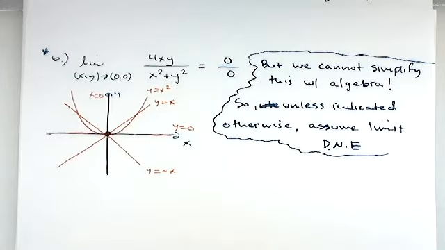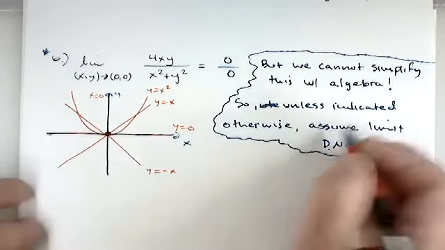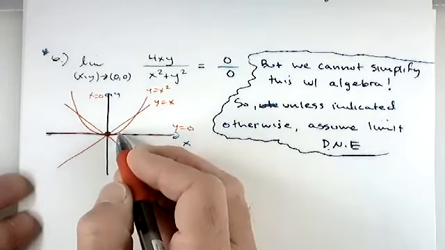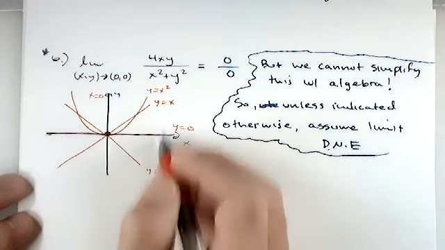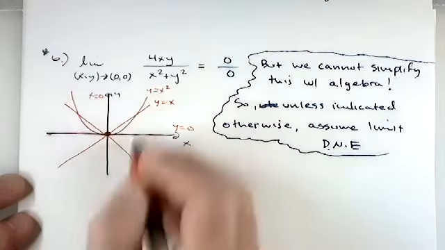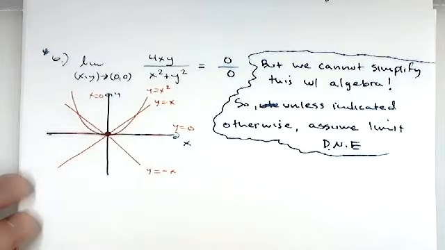Okay. Our job now, if this limit doesn't exist, all we need to do is find 2 pathways, any 2 of these that give me 2 different answers for my limit, and that would be enough to prove that the limit doesn't exist. But we have an infinite number of pathways.